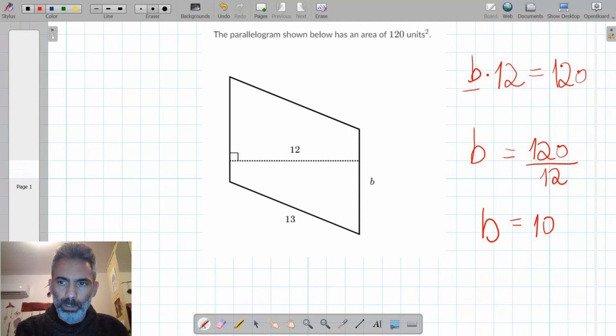So it's 120 divided by 12. I can simplify this: if I divide the denominator by 12, I get 1, and I divide the numerator by 12.